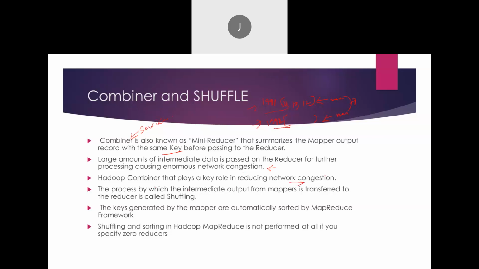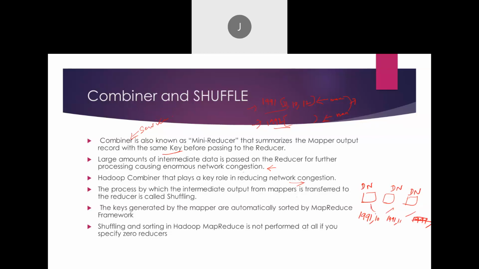The process by which the intermediate output from mappers is transferred to the reducer is called shuffling. This intermediate output comes from different data nodes, right? Because data are distributed, you get it from different data nodes. Say the 1991 result will be here, and the 1991 result will be here also, in a different data node. I'm saying, if you think of this as a data node, the 1991 result can also be in a third data node.